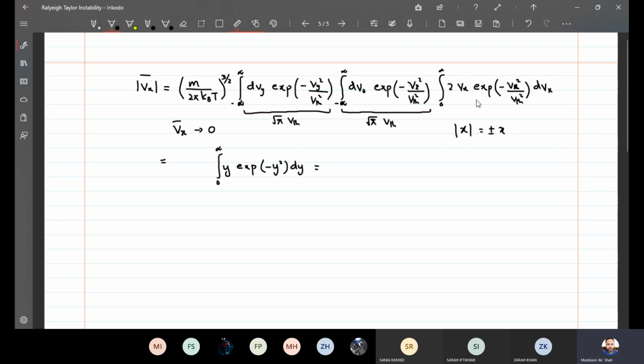If I substitute all these values, I can solve it to find the exact value in Mathematica. Let me see what I will get if I solve it in Mathematica.